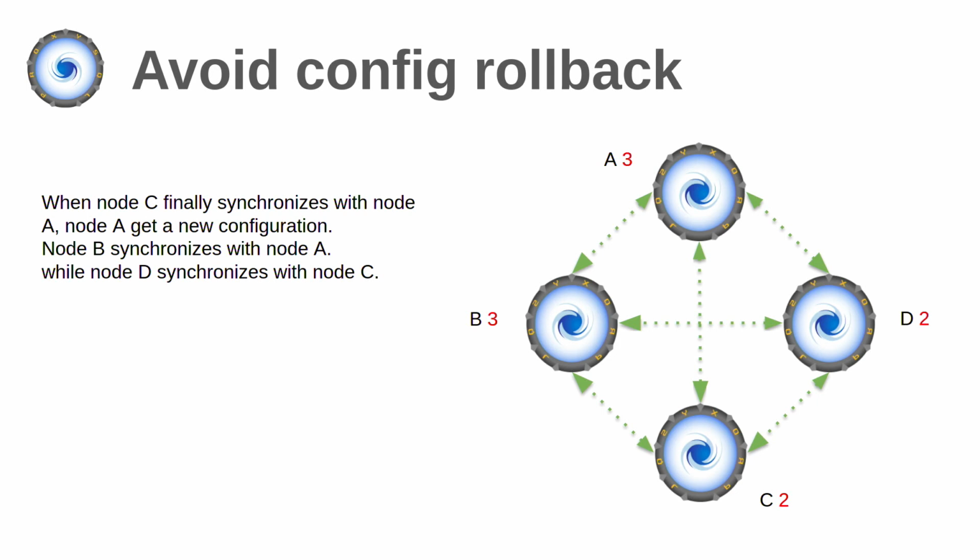Now C finally gets the configuration that you applied previously in A, but at the same time, A gets a new configuration. So the configuration in A is 3, while C and D are still 2. And let's assume that node B also gets the configuration from A quite fast.